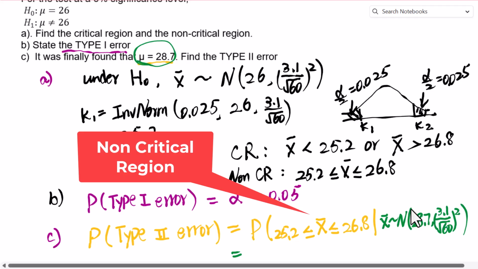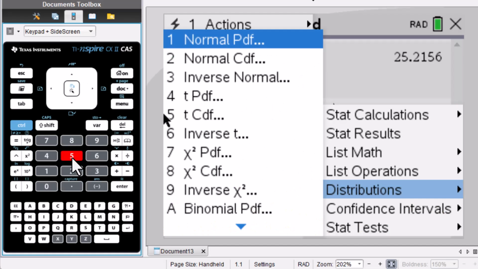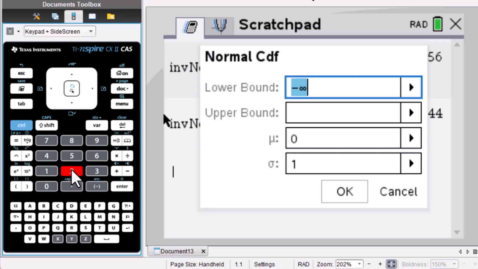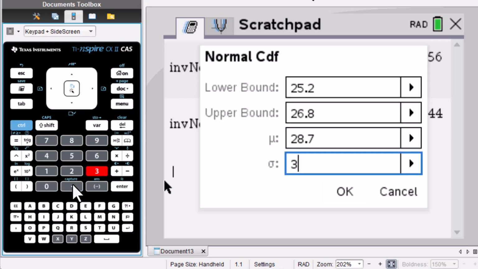Let's go to calculator. Go to norm CDF. Lower bound 25.2, upper bound 26.8, mean 28.7, standard deviation 3.1 divided by square root 60.